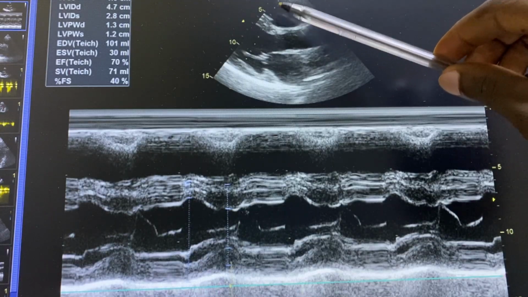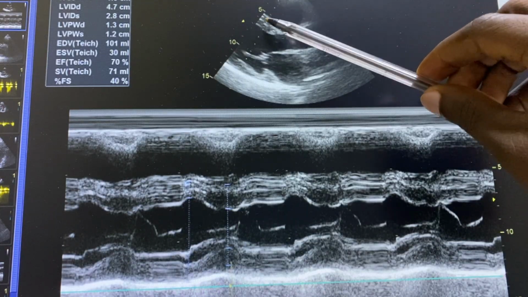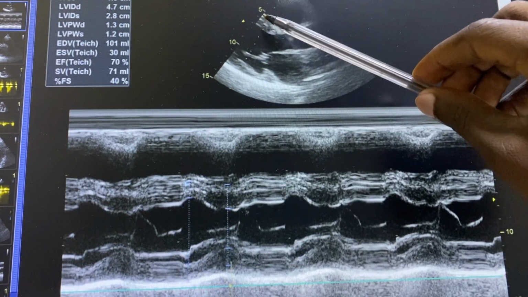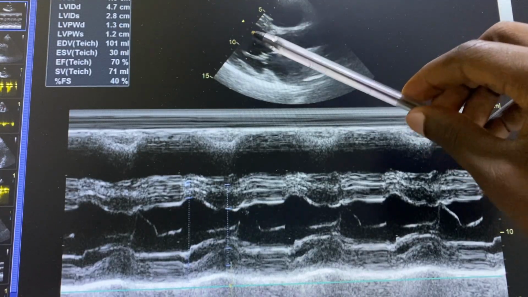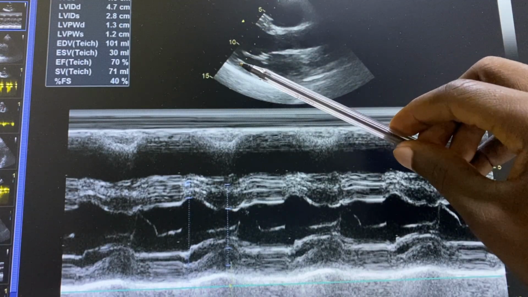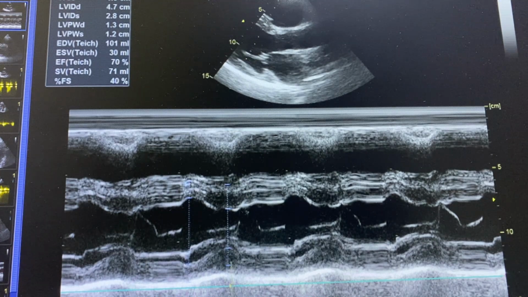we see the RVOT, the IVS, interventricular septum, then the LV cavity, and then the posterior wall. The thickness of these two is large enough that it is easier to see their boundaries.